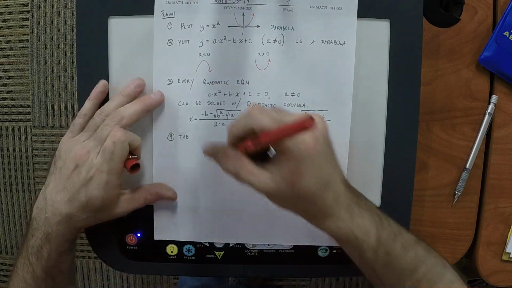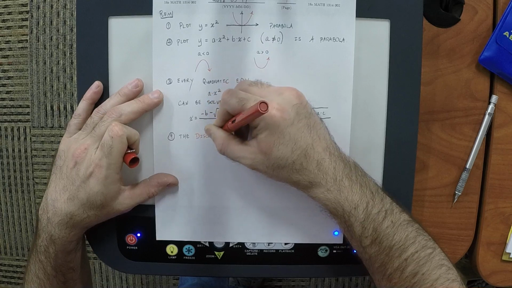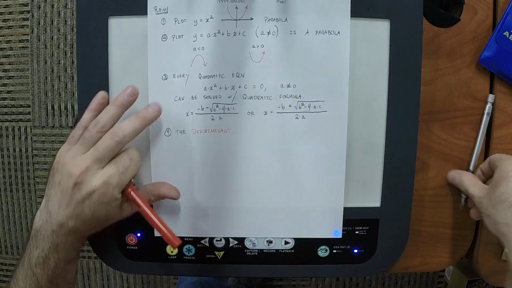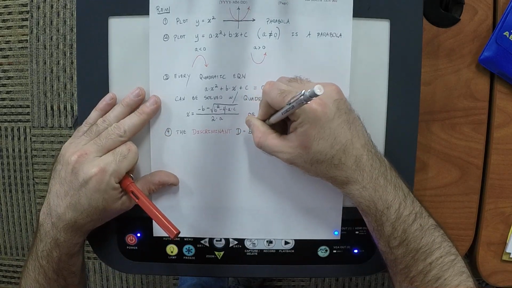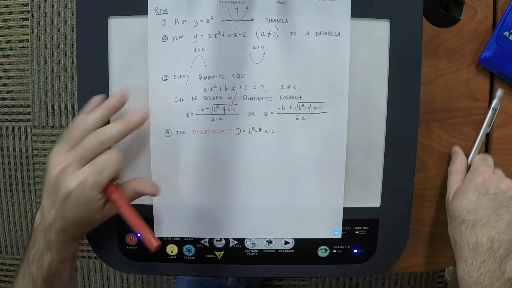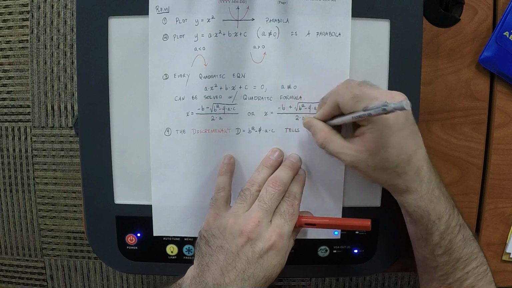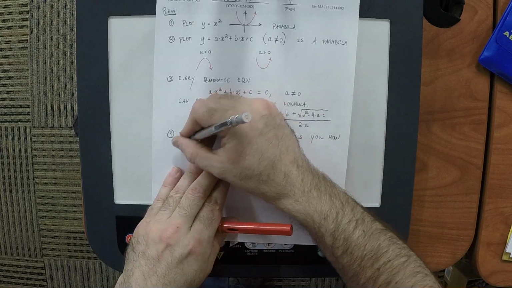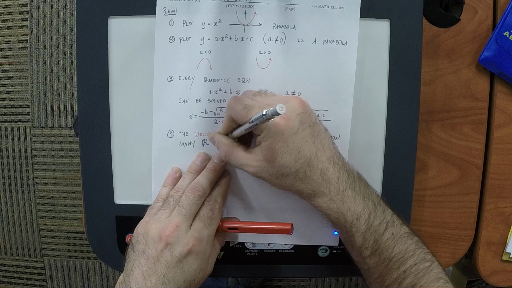So the discriminant d equal to b squared minus 4ac tells you how many solutions there are. Specifically, how many real solutions there are.